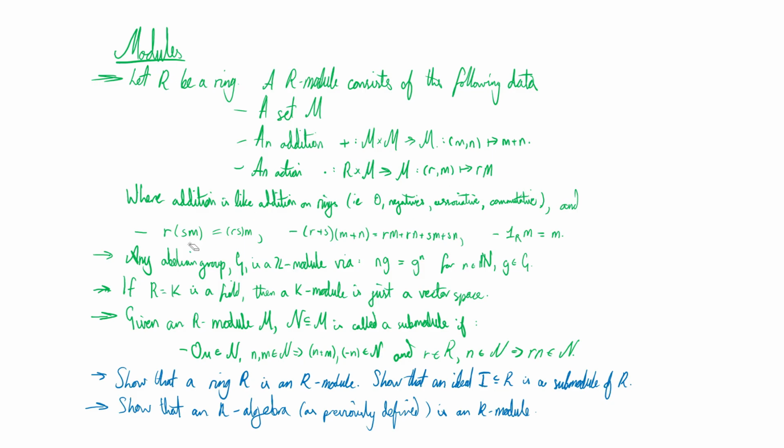But you have associativity, you have distributivity or bilinearity. Over, this is within M, remember, this is within R, remember. And you have 1 in your ring multiplied by any element in the module, it doesn't change.